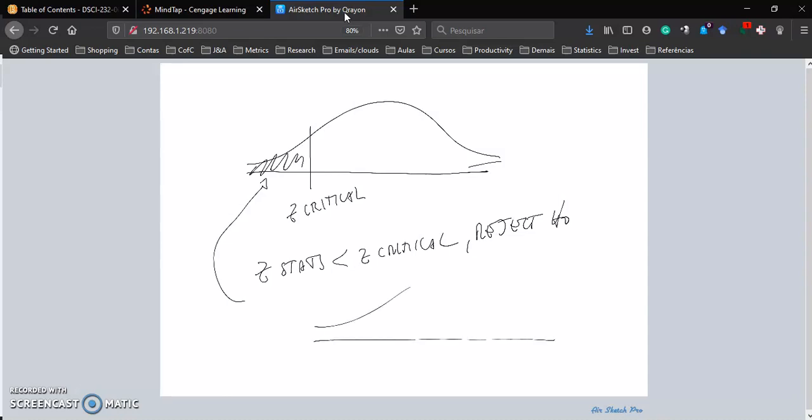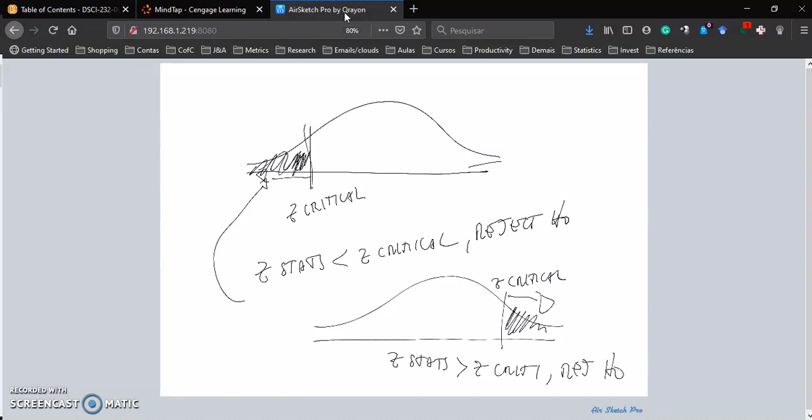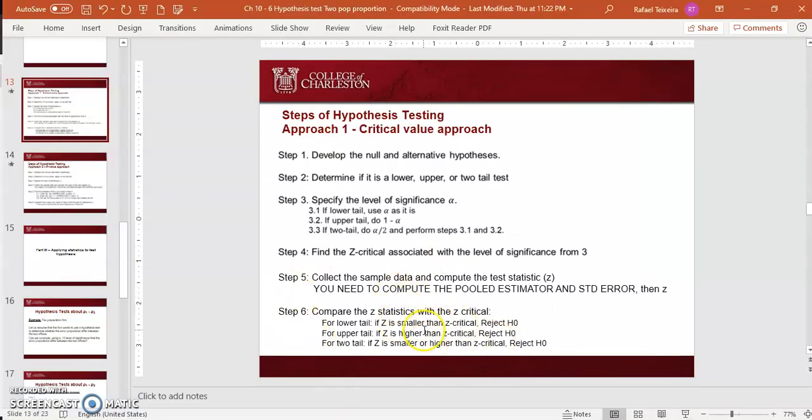If it is upper tail, you have the z critical here, and if the z statistic is higher than the z critical, reject the null hypothesis. Okay, it is in this upper side. So what we're doing is with the z critical establishing the region in which you reject the null hypothesis, and if it is two tail, you're going to have two z criticals, and these are the critical regions. Okay, so this is what we are doing in step number 6.